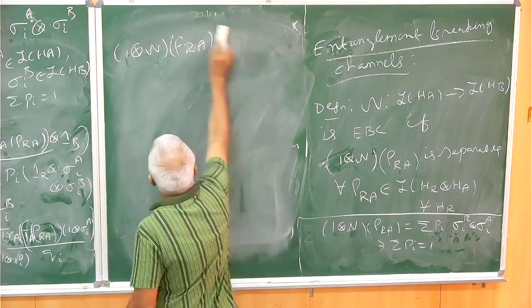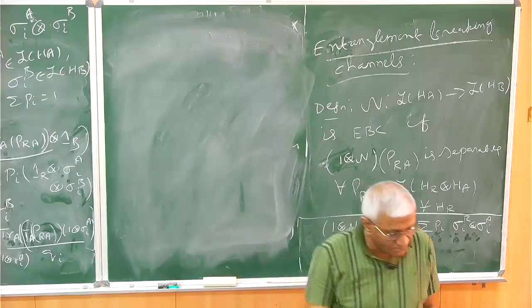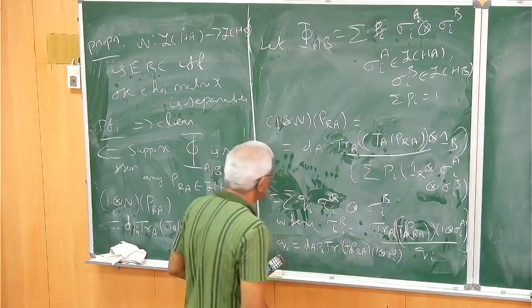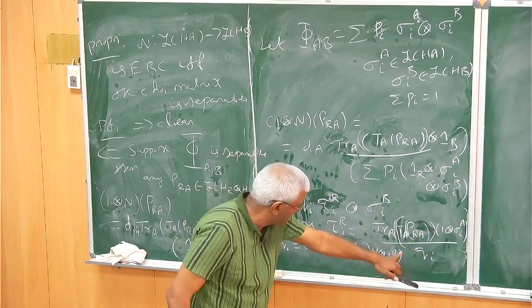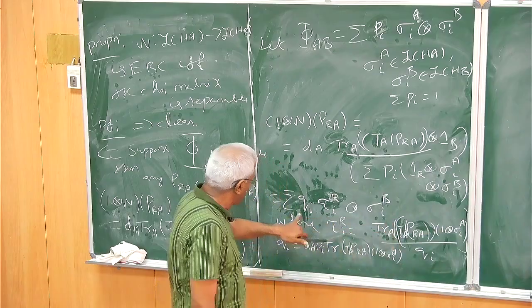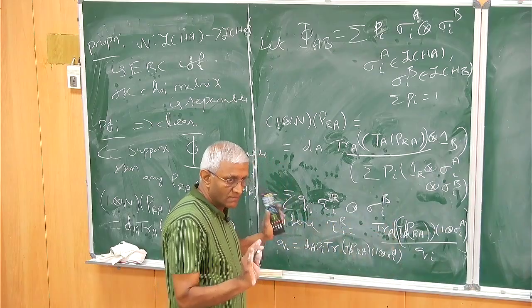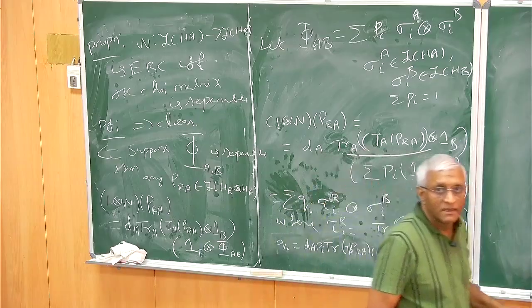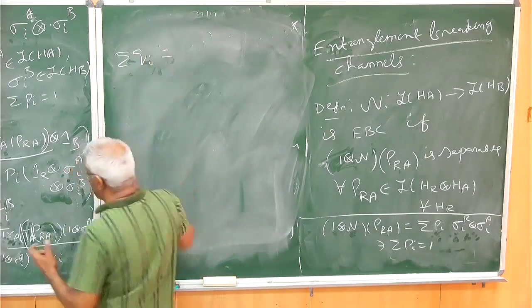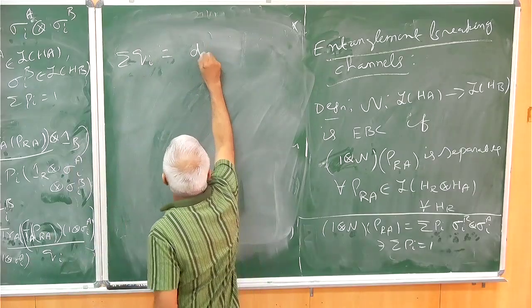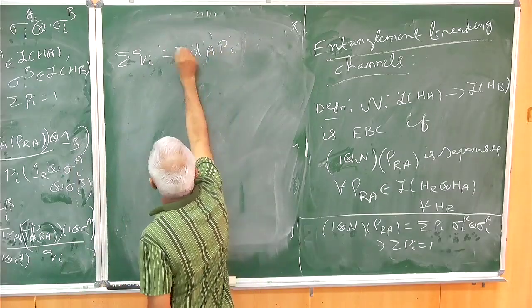All we have to verify is that we have written it in this form, summation Qi tau Ri sigma Bi, where tau Ri is this divided by its trace, so it's a state. All we have to prove is summation Qi is 1. That's what we have to prove. So summation Qi, they are numbers which are just dA, Pi, summation Pi.